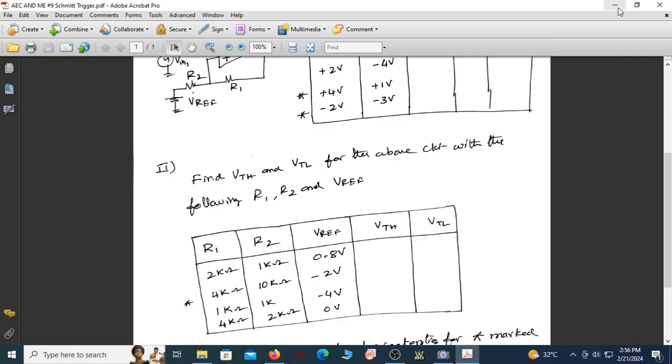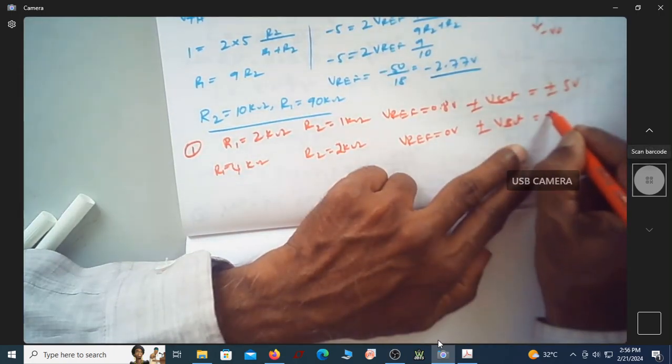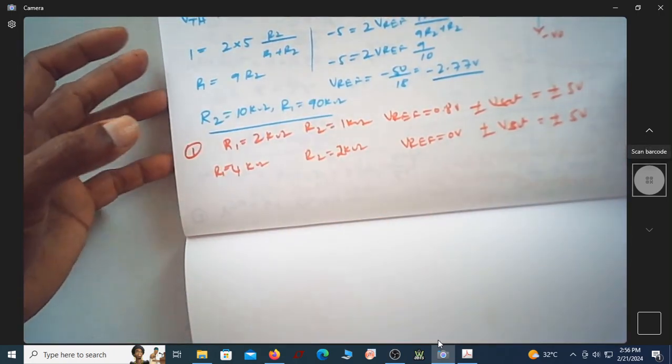Maybe I'll do it for one more, which is R1 is equal to 4 kilo ohm, R2 is equal to 2 kilo ohm, but V reference is 0 volt. Again plus or minus V sat is plus or minus 5 volts.